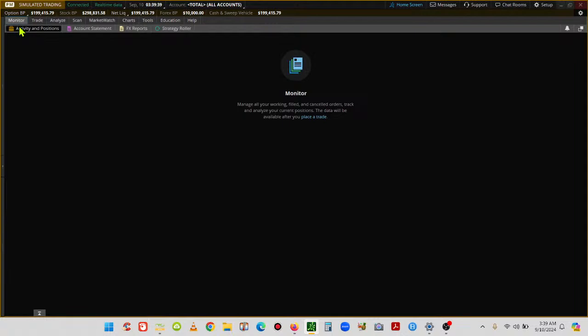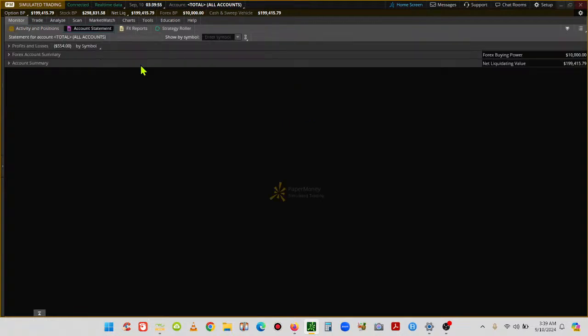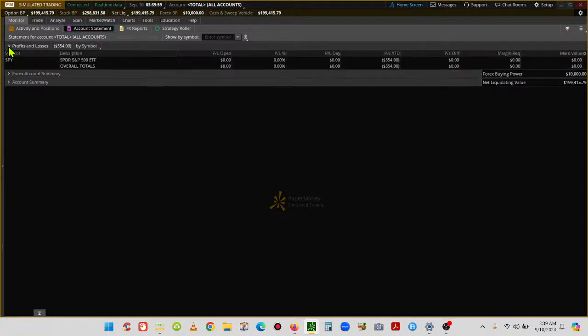Okay, so if you chose monitor, you have a sub window here, and activity and positions, so there's no activity in positions. Then you have account statement, and that shows your profits and losses. I think I lost some money just messing around, and it says symbol.